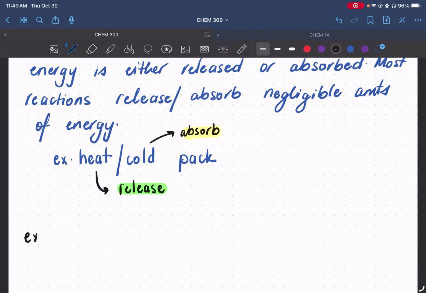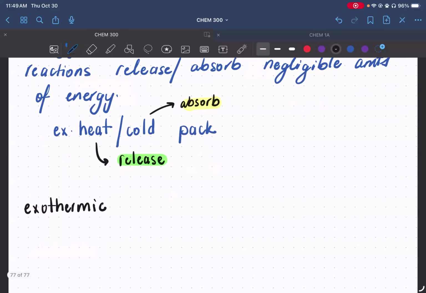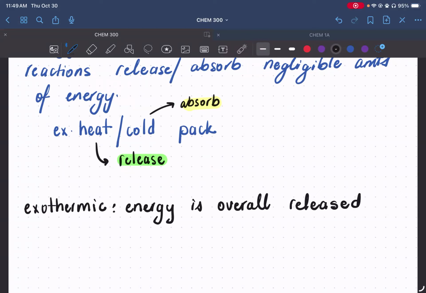The first one that we look at is an exothermic reaction. In an exothermic reaction, energy is overall released. When this happens, such as in a heat pack or hot pack, we see the temperature also increase.